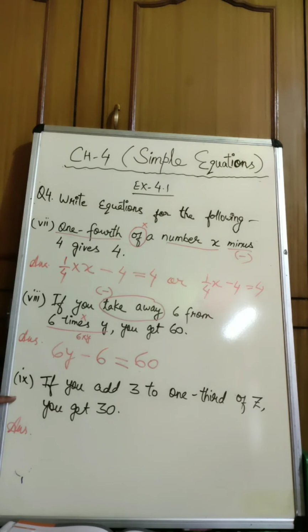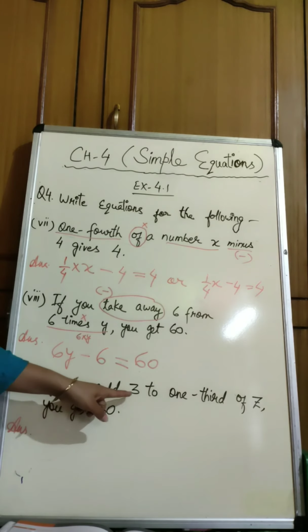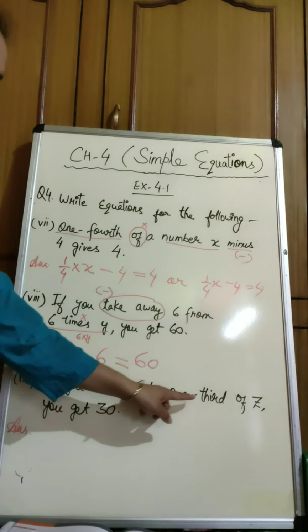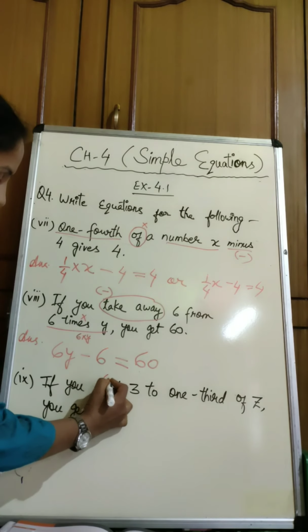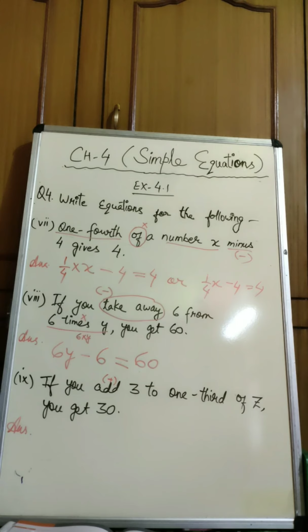Now the next part, the 9th part: if you add 3 to 1/3 of z, you get 30. Add means plus.